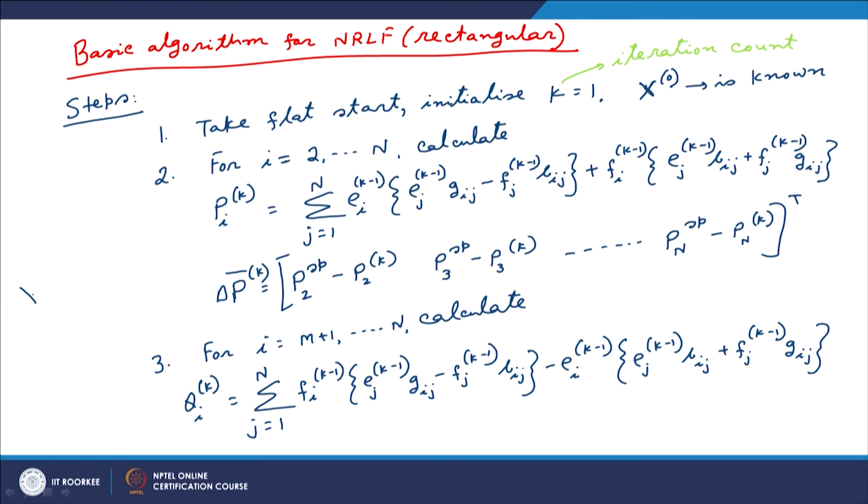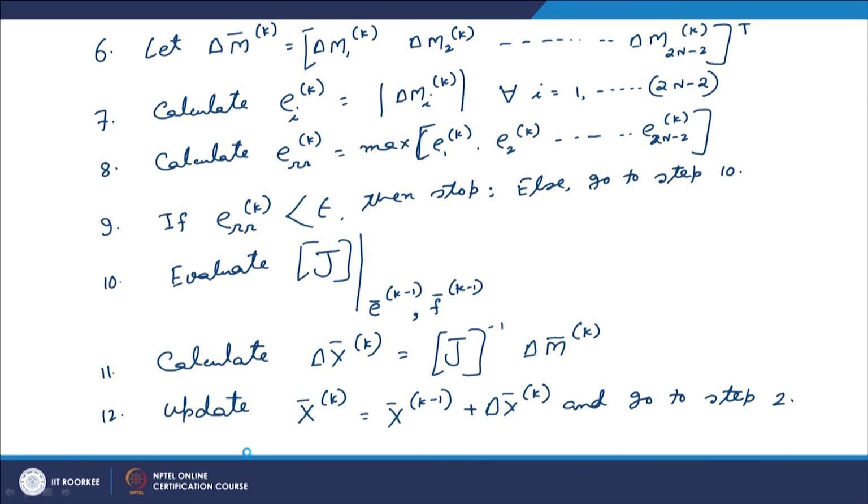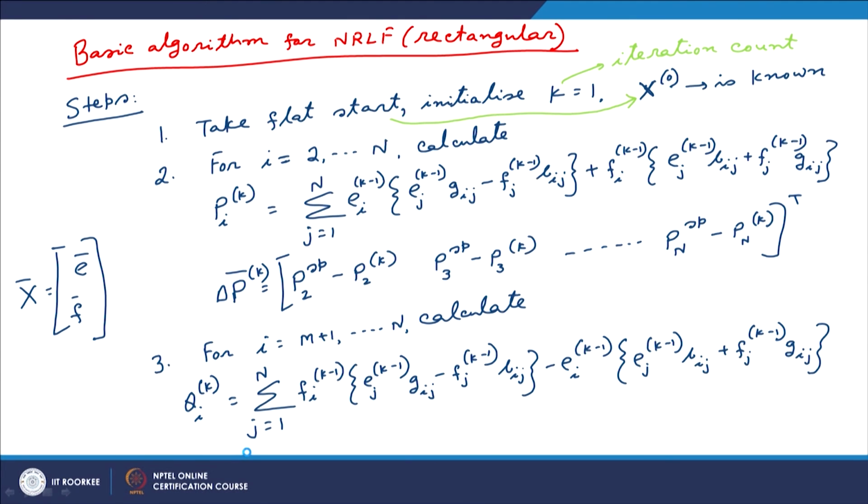The x vector is vector E and vector F. So we first take the flat start. From here the x vector at the initial condition, that is the 0th iteration, is known, and after that we start our operation.